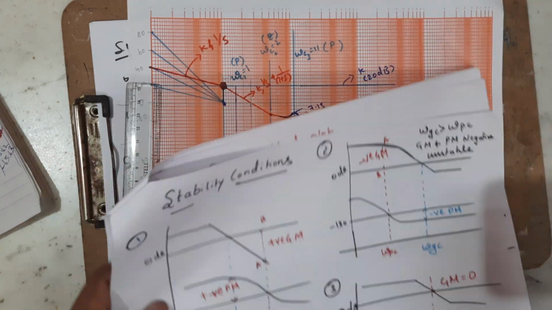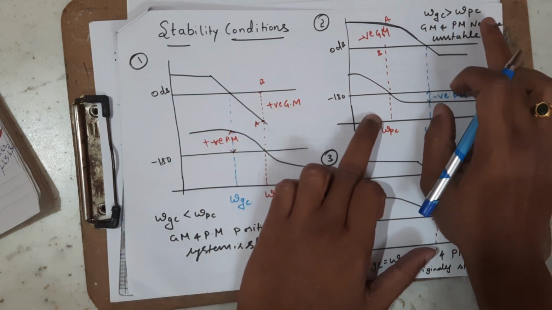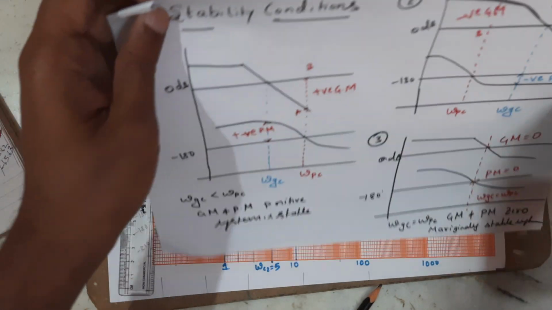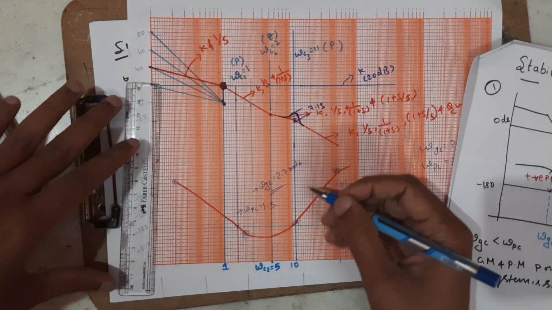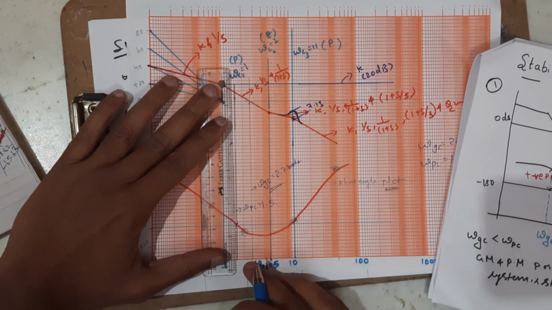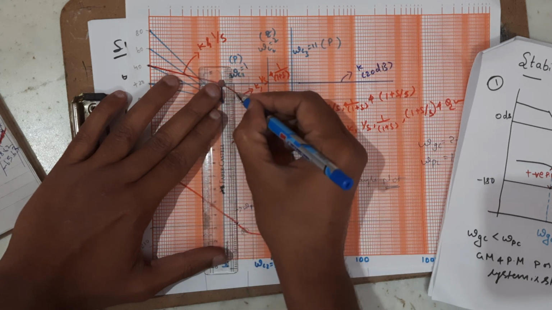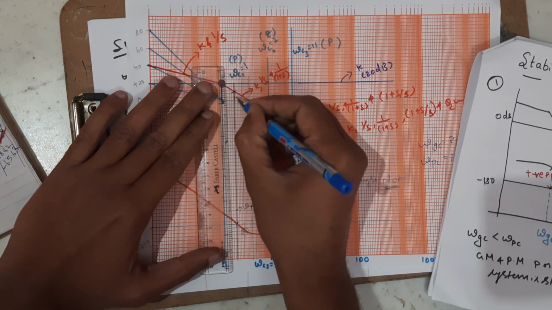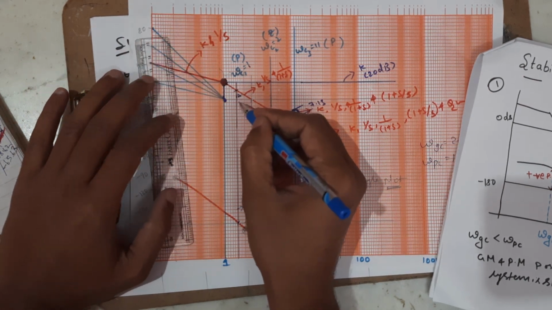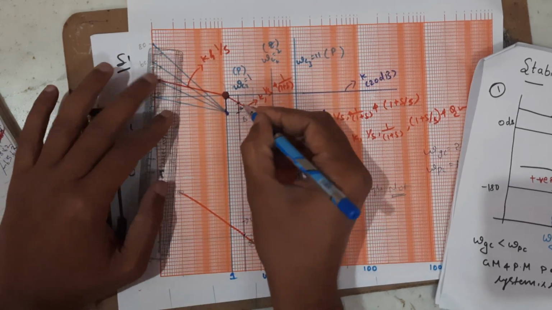Now what is the comment on stability? Pay attention here. The second condition: when omega GC is greater than omega PC, GM and PM will be negative, so that you can verify it. Where is the omega PC? Move it upwards. It is going to intersect the magnitude plot at A, as well as the 0 dB line at B. So this is above, therefore it will be negative.